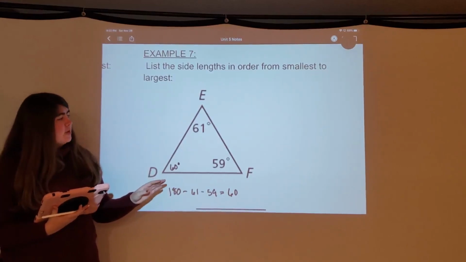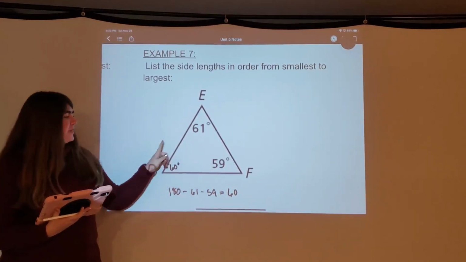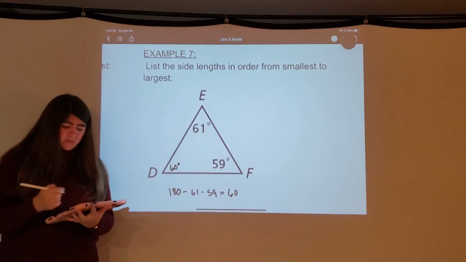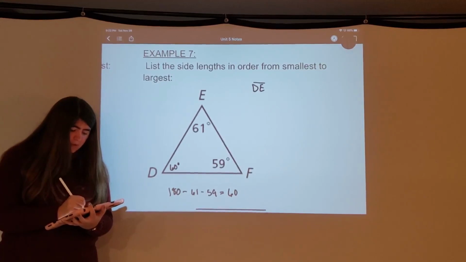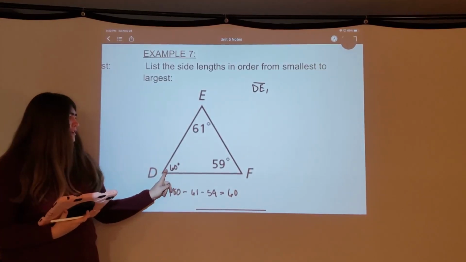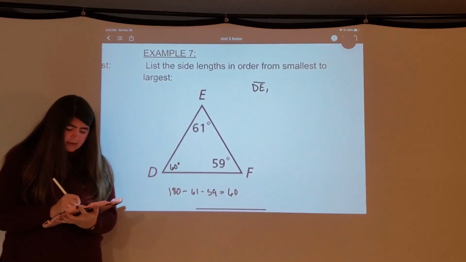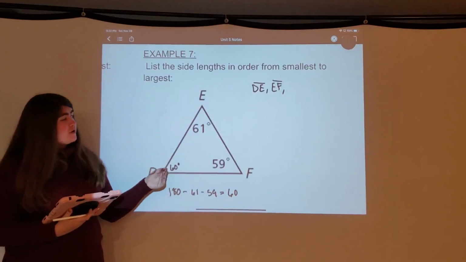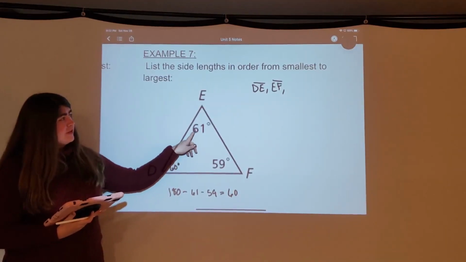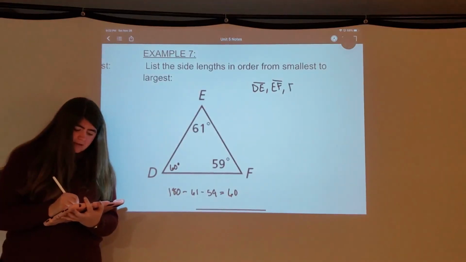Now my smallest angle is 59 degrees, and that is opposite of side DE, so my smallest side is DE. Next I have 60 degrees, which is opposite of EF, so my second smallest side is EF. And then my largest angle is 61 degrees, which is opposite of FD, so my longest side is FD.